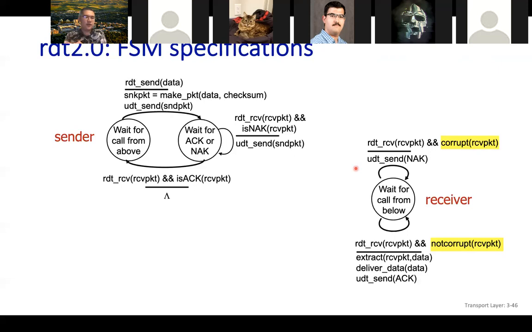Otherwise, for the next few slides or lectures, you will be confused about what we plot here. You see a lot of lines and arrows, but you will be confused. So I suggest that you understand RDT 1.0 and 2.0, these two FSM specifications. This is quite easy. After you understand here, I believe you will understand the later part.